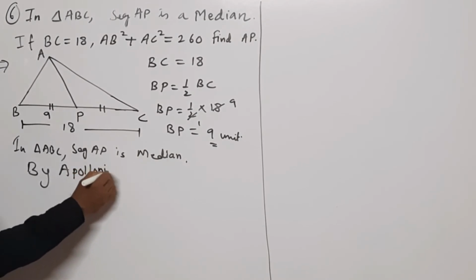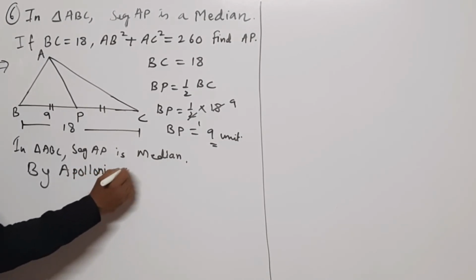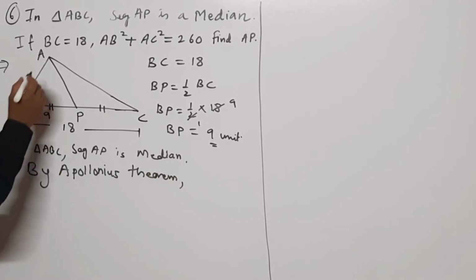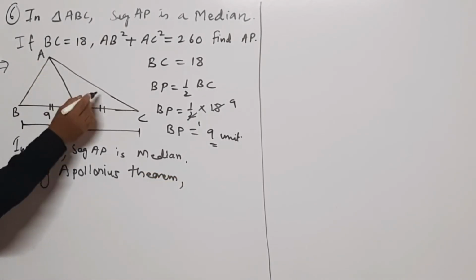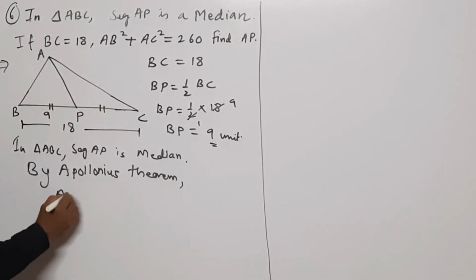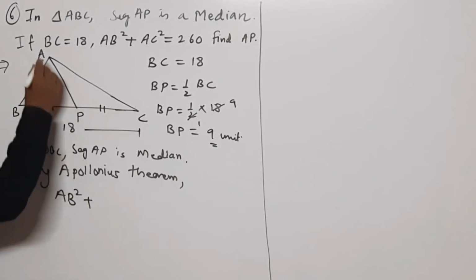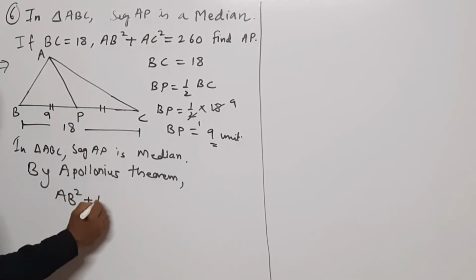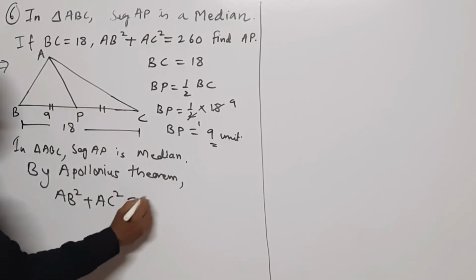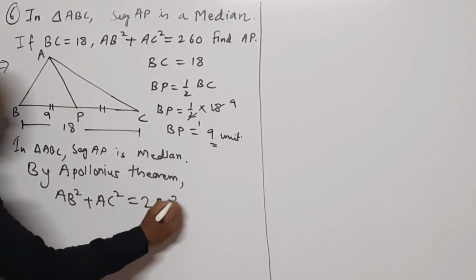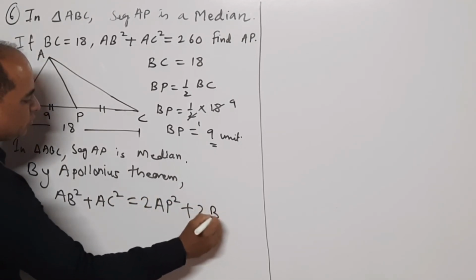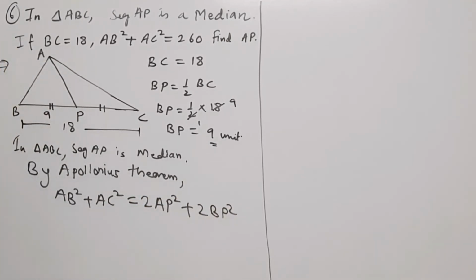The Apollonius theorem says the sum of the squares of the adjacent sides, that is AB square plus AC square, is equal to 2AP square plus 2BP square.